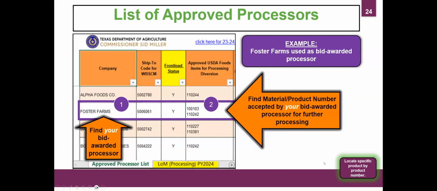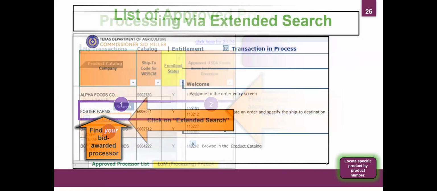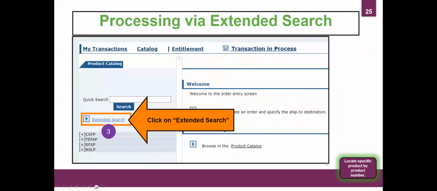So once we've identified our product number, we're back into WebSCM and we have that extended search option. So we're going to click on extended search.